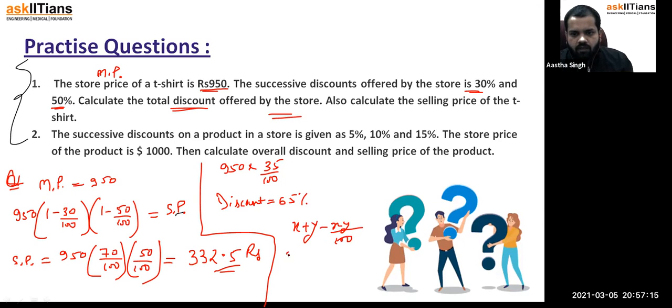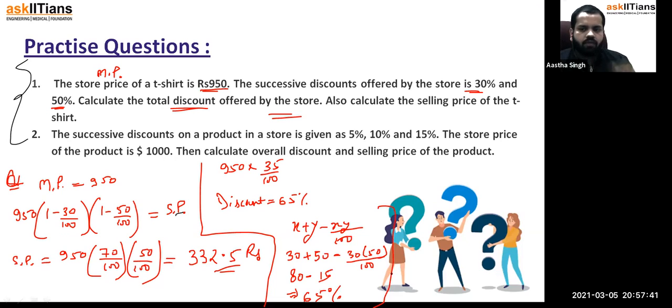X is your 30, y is your 50, minus x into y, 30 into 50. 50 plus 30 will be 80, minus 15. 80 minus 15 will be what? 65%. Right, guys? If we go by formula, this is how we solve it.